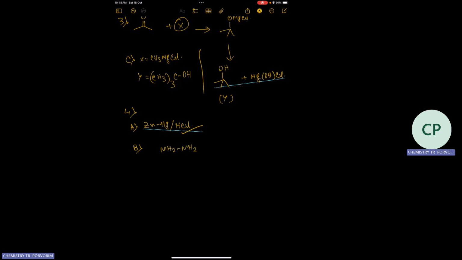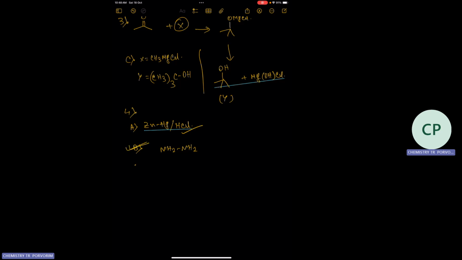It can reduce a ketone or aldehyde to the corresponding alkane, but here they have given alcohol. So option B is the wrong product, and our answer should be option B.